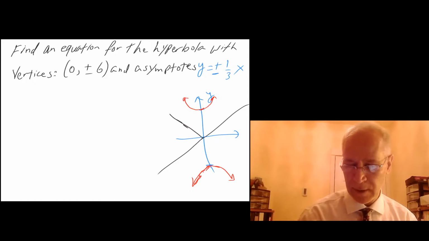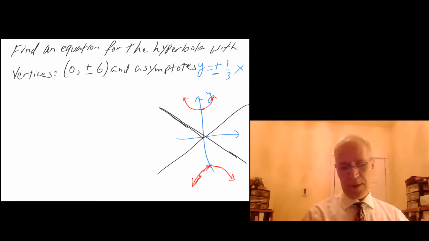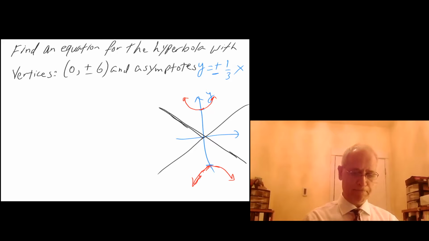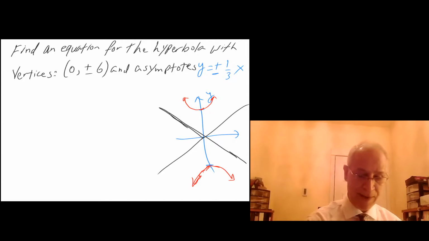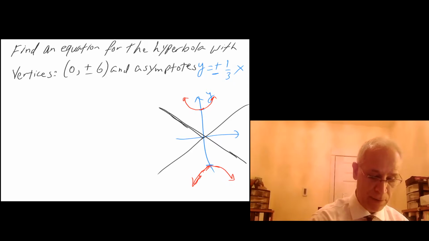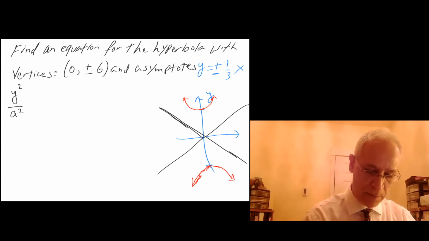So first, the general format of this hyperbola is going to be y squared over a squared minus x squared over b squared equals 1.